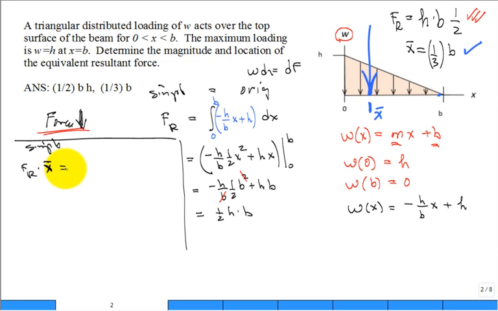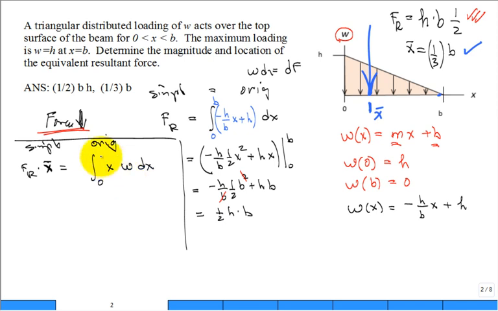Is equal to the same moment that the original distributed system contributes about point O. Well, what is that? It would be the integral of the little moment arm distances times the little forces, but the little forces are the intensity times dx.